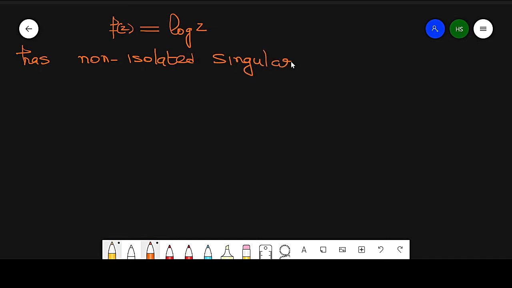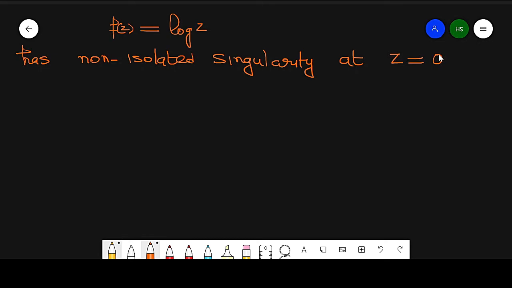For example, this function f(z) equal to log z. Again, this has a non-isolated singular point at z equal to 0. So it is again non-isolated, why?